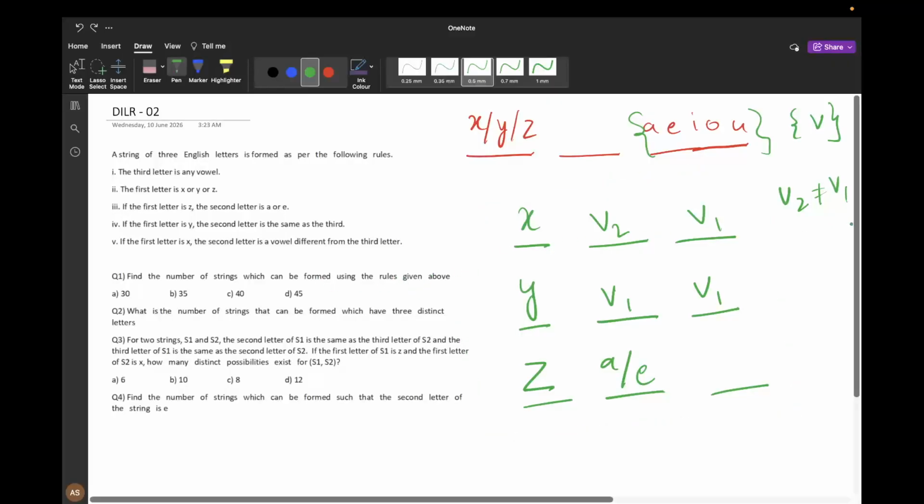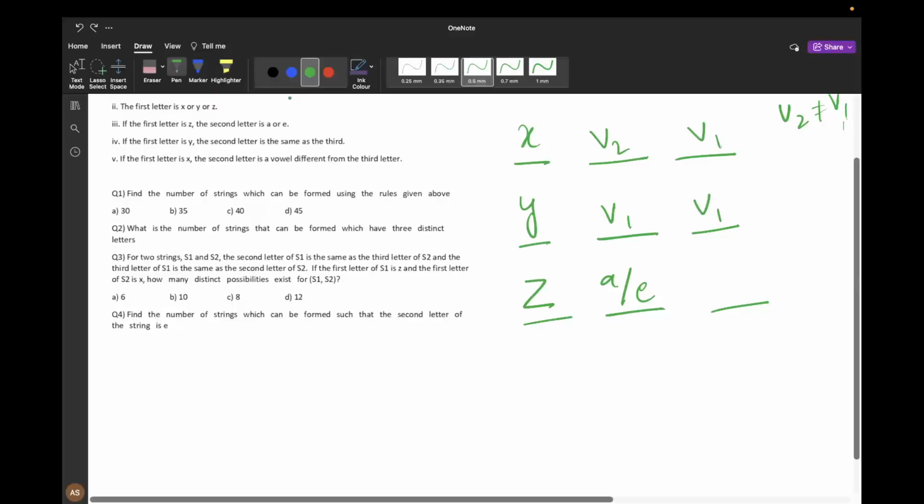So what can we say? Let's look at it by condition. We'll name it first, second, and third. So in the first condition, the first place is fixed. We have only one way, and then the second place and the third place. If we take one vowel at the third place, suppose A, we are picking it out of 5, right? So it's basically 5C1.